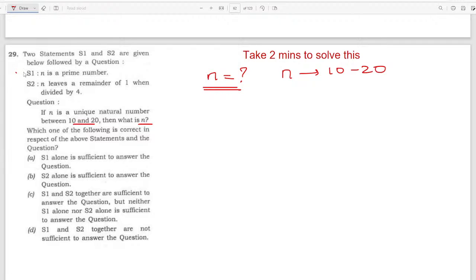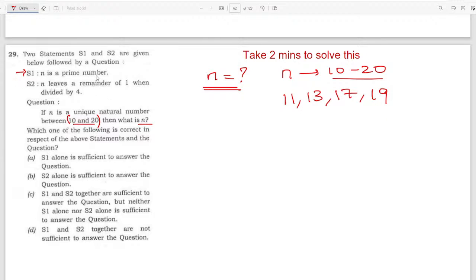The first statement is n is a prime number. In the question itself, they have given the additional data that n is between 10 and 20. So what are the prime numbers between 10 and 20? 11, 13, 17 and 19. So now we have 4 numbers.